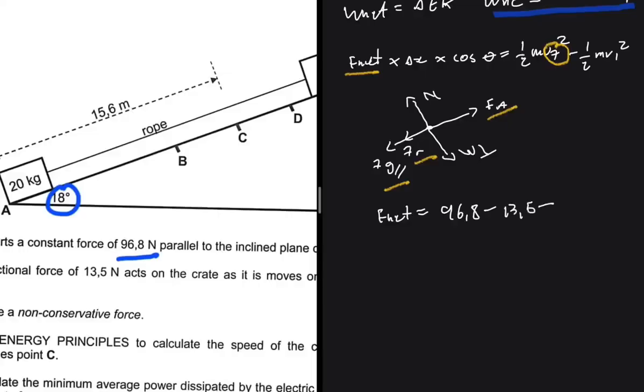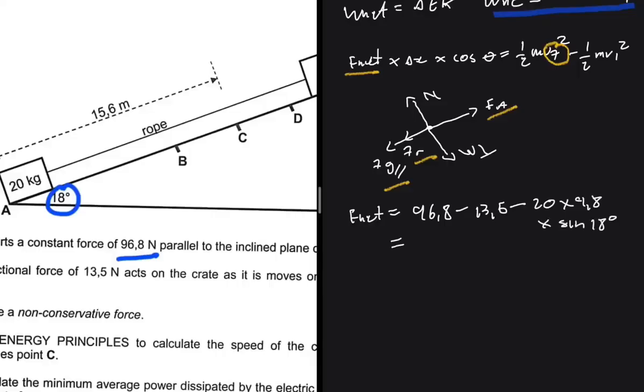FG parallel is mg sine of theta. If we substitute that in our equation, the mass is 20 kgs, the acceleration is 9.8, multiplied by sine of 18 degrees.